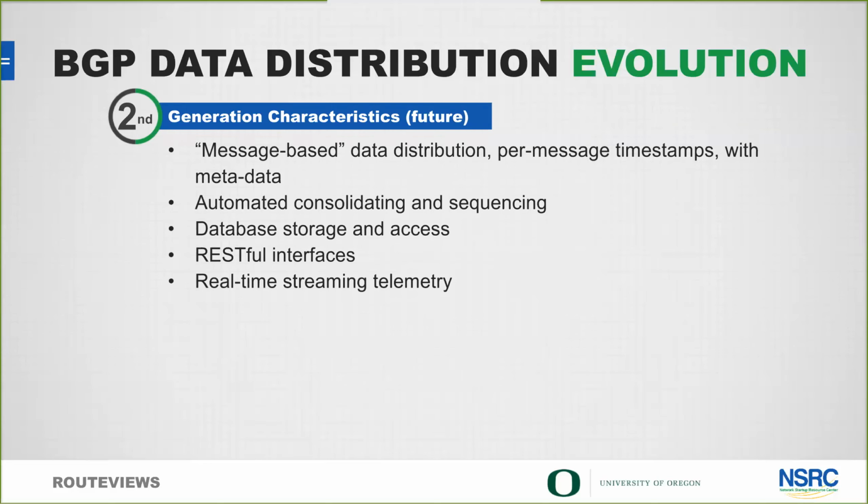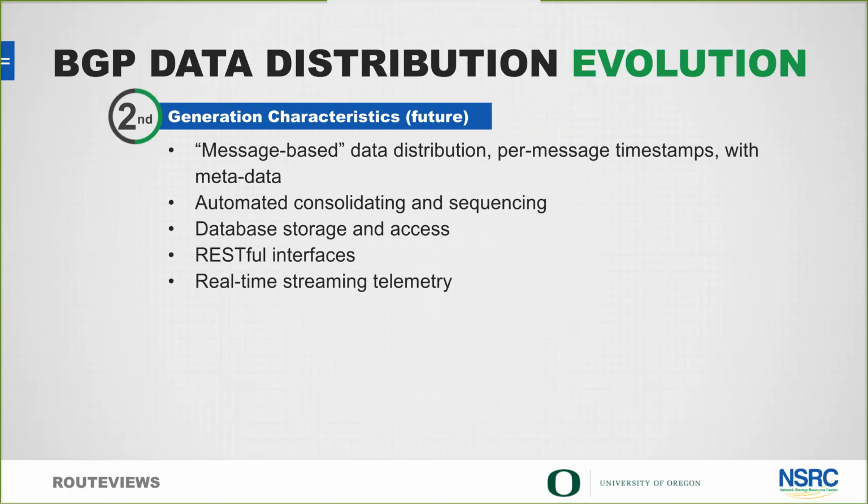Real-time streaming telemetry. This is really the backbone of this second generation. You know, 15 minutes is a really long time in terms of waiting for BGP data or waiting for updates or waiting to see what has happened.